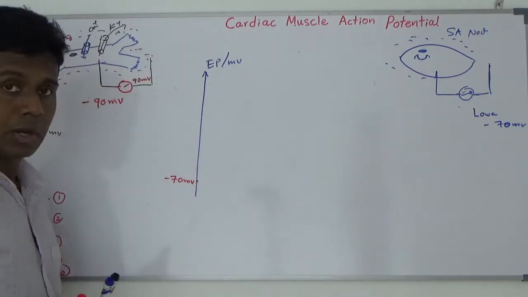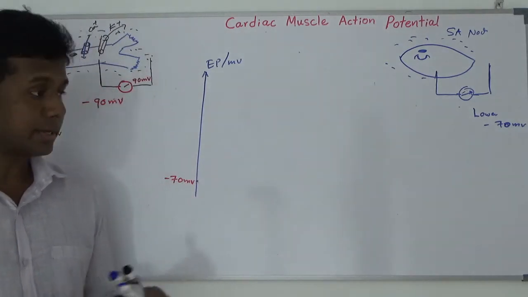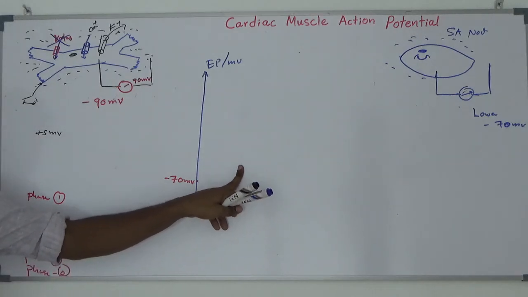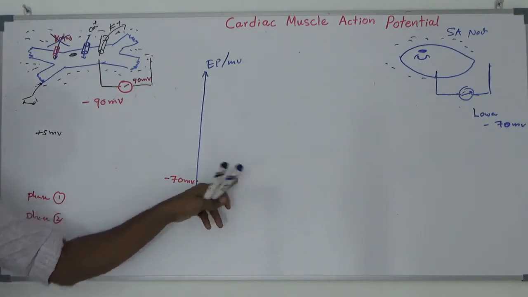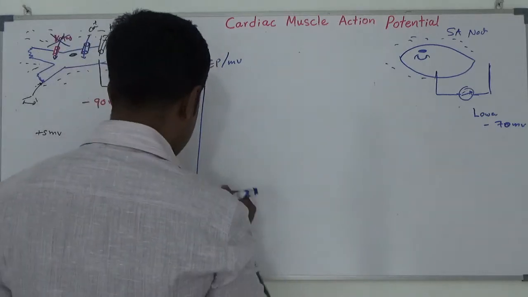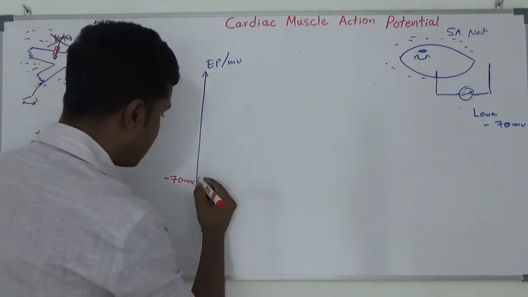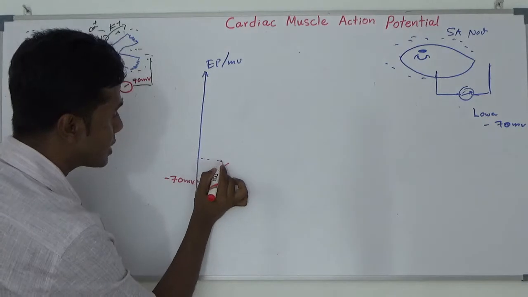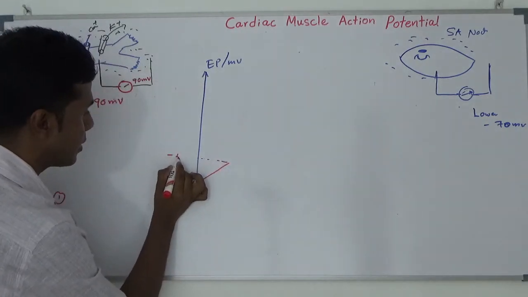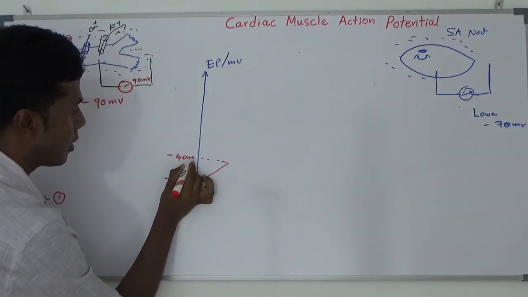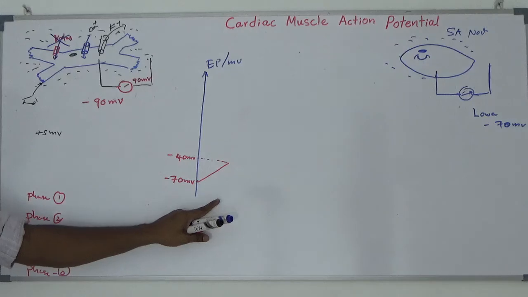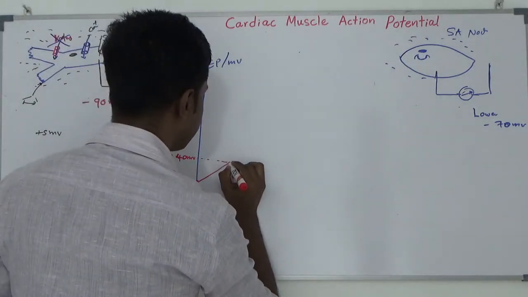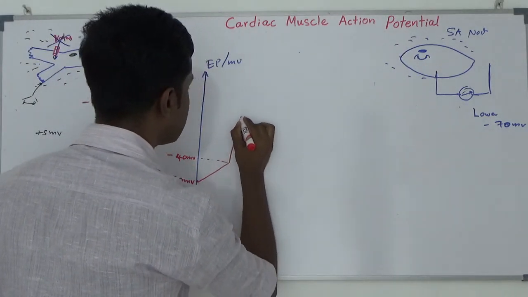What happened is, with time, this negativity gradually reduces. When it comes to around minus 40 to minus 50, there is a sudden increment of electrical potential.